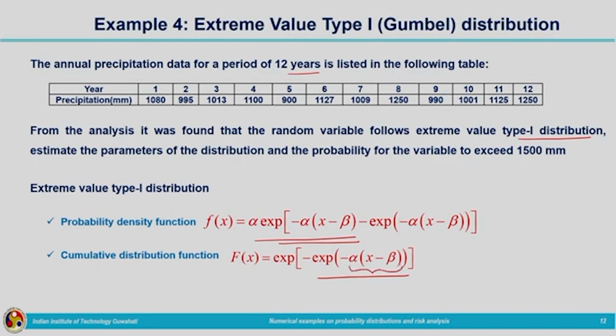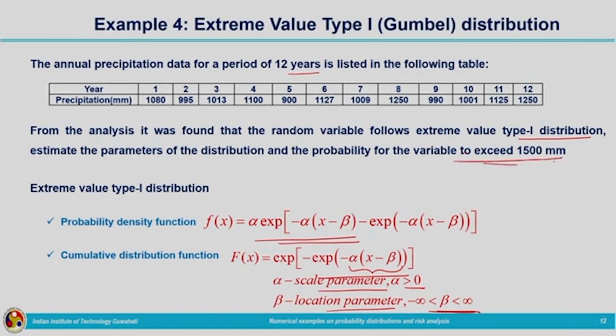Here we have substituted minus alpha multiplied by x minus beta as y, that is the Gumbel's reduced variate. And alpha is the scale parameter which is greater than 0, and beta is the location parameter which is between minus infinity and plus infinity. So, we need to find out the distribution parameters, that is alpha and beta, and we need to find out the probability for the variable to exceed 1500 millimeter.